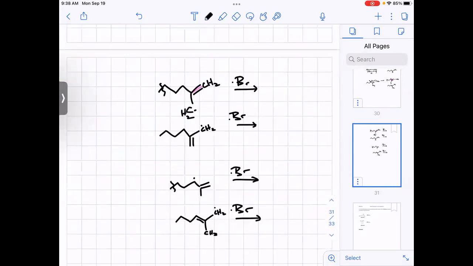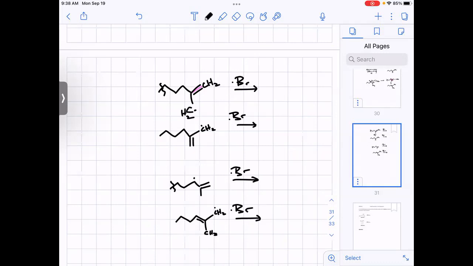How do we show that reaction? What do the arrows look like? Anybody? The two radicals are going to meet each other.